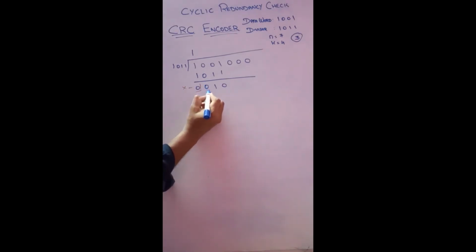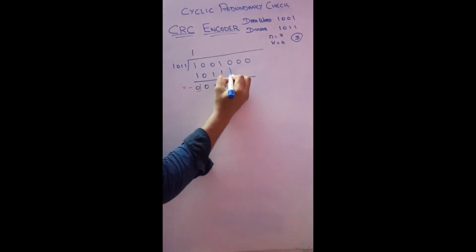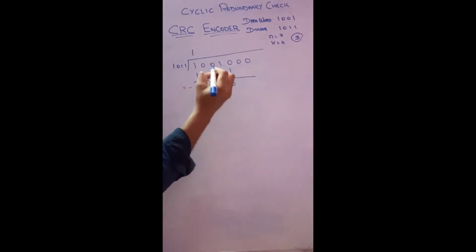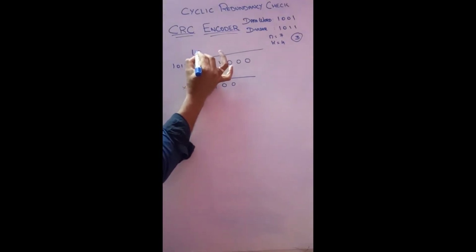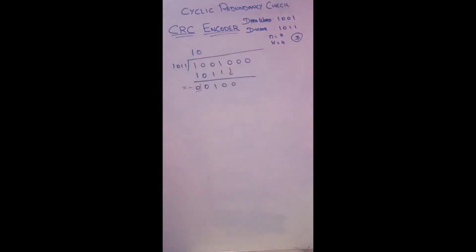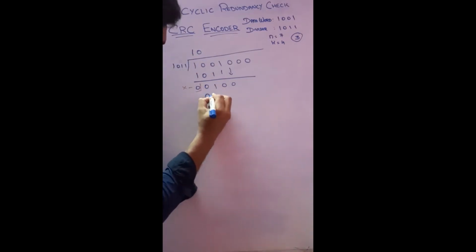Now you can see the most significant bit is 0. So in this case, you drop down the next bit and multiply the divisor with 0. Only when the most significant bit is 0 are you supposed to multiply with 0, and so it will look like this.